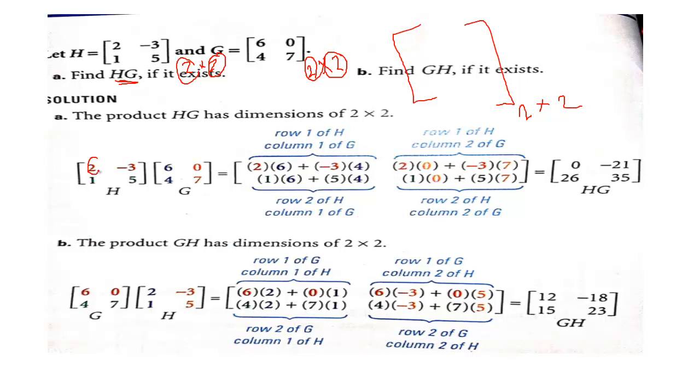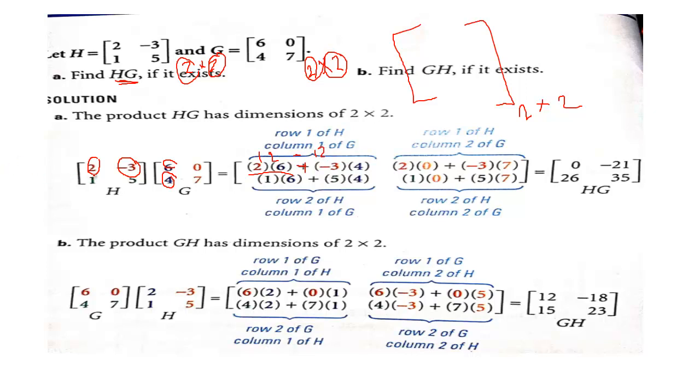The first number on the first row times the first number on the first column: 2 by 6 equals 12. Plus the second number on the first row multiplied by the second number on the first column: negative 3 by 4 is equal to negative 12. So here is 12 minus negative 12.